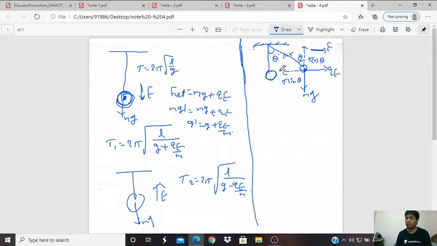Now we can write T sin theta equal to QE and T cos theta equal to Mg.